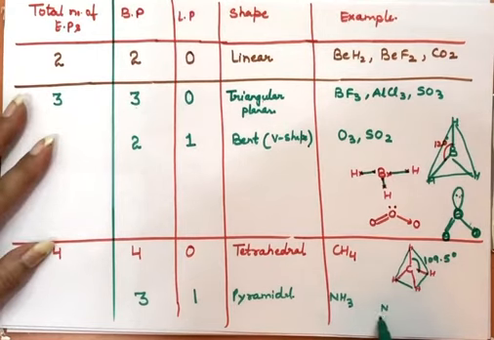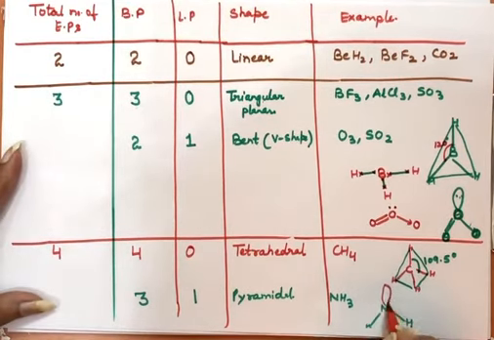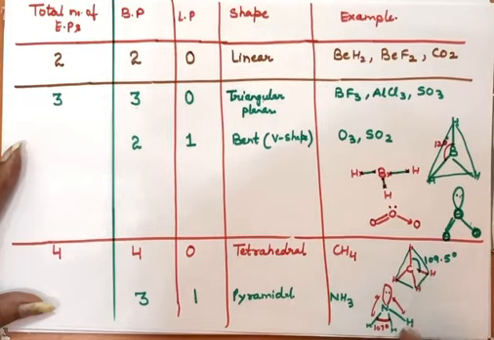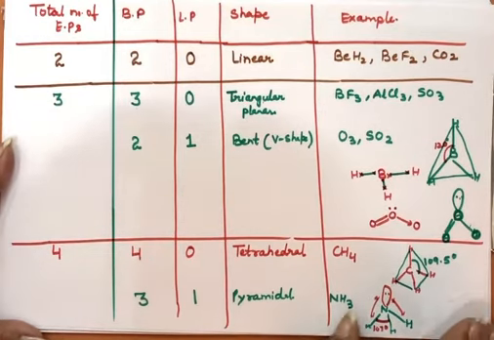Nitrogen combines with 3 hydrogens and 1 lone pair is left on nitrogen. So here a lone pair will come, because of which it is repelling these bond pairs, and the bond pairs come close and the angle will decrease from 109.5 degree to 107 degree. So this shape will be a little distorted from the tetrahedral, and if 1 lone pair comes in this, we'll call this shape a pyramidal shape.